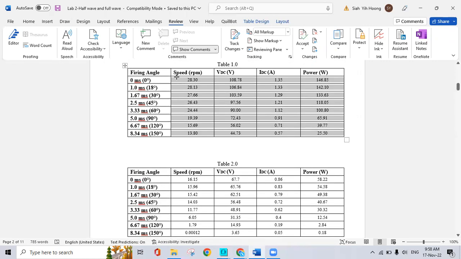Because the firing angle is something like a delay angle. So whenever our circuit is delayed, we lose a proportion of the signal entering the SCR. So it will cause a decrease of the speed, VDC, IDC and so on.